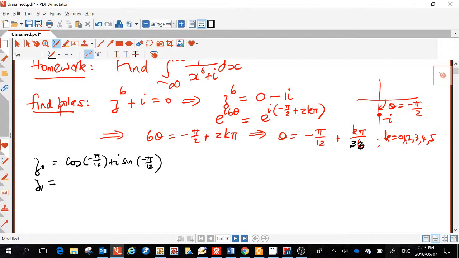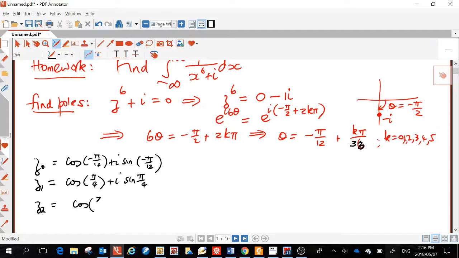So I said k is 1. It's 1/3 minus 1/12. 1/3 is like 4/12. 4/12 minus 1/12 is 3/12, which is 1/4. So then you can say this is cos pi over 4 plus i sine pi over 4. z2 will be cos of, now you have to put k equal to 2. It's 2/3 or 8/12. 8/12 minus 1/12 is 7/12.